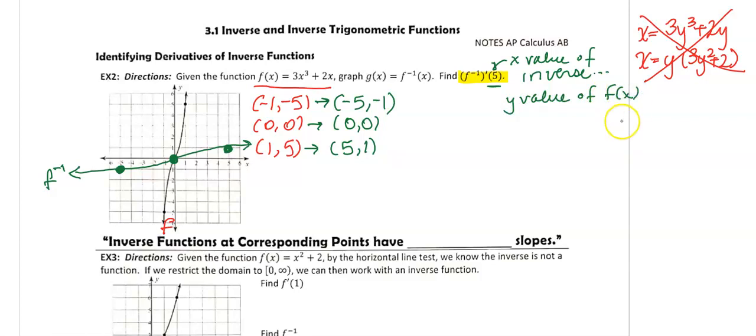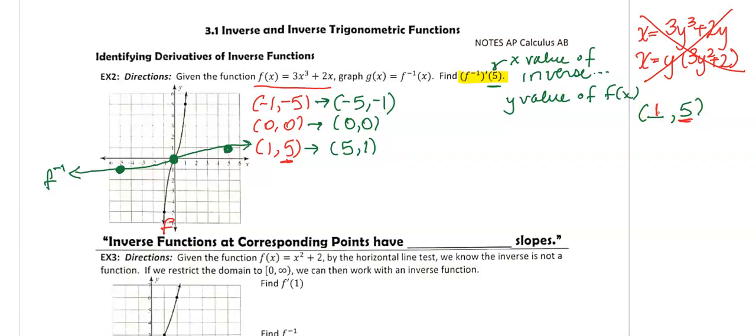So I need to think to myself, where was my y of 5 on my function? So let's go over to our function, and that would be in red, my function is a 5 at 1.